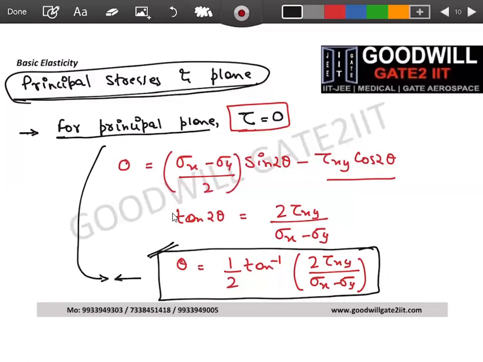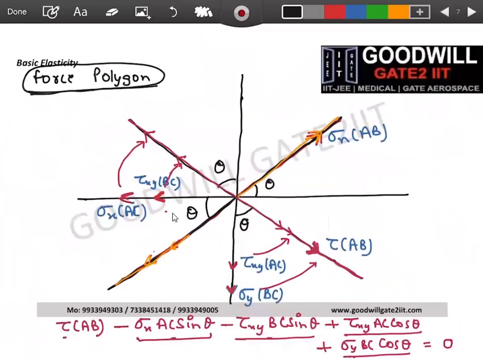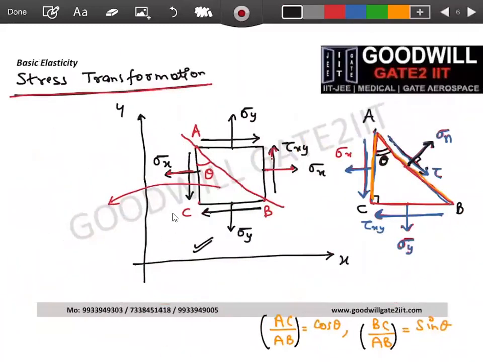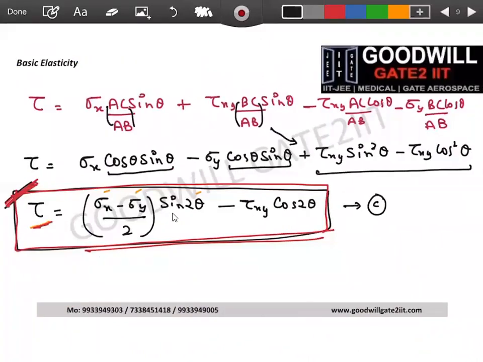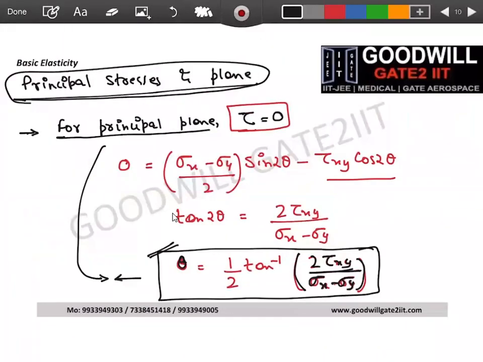So this is the plane, this is the theta. If you know sigma x, sigma y and tau xy, you can use your calculator and see at which plane my stresses will be maximum. So even though I have cut it as a 2D stress element like this, I can still predict where my stresses will be maximum without again cutting the system and rotating step by step.